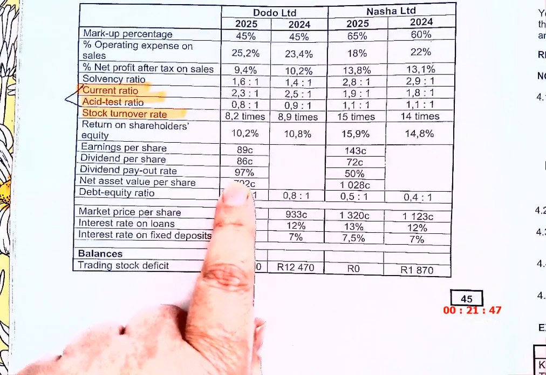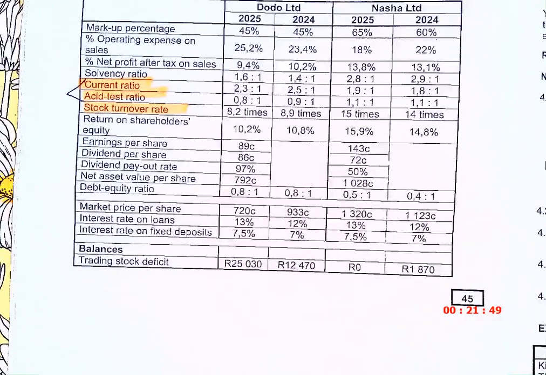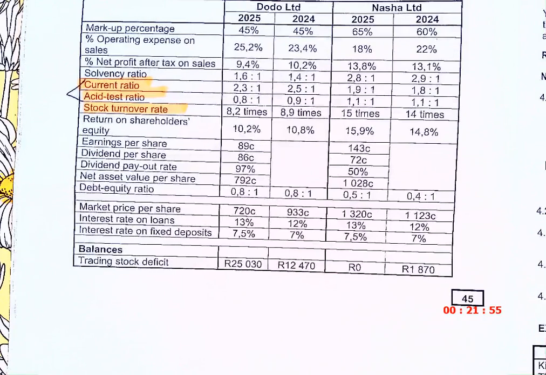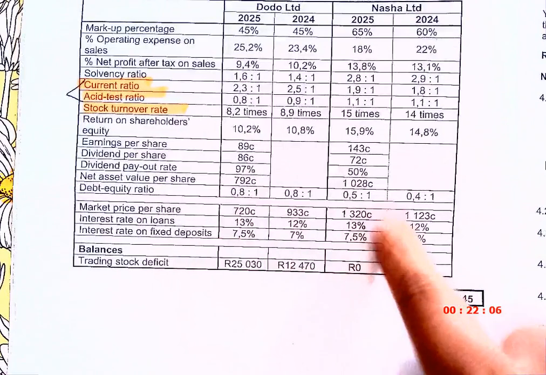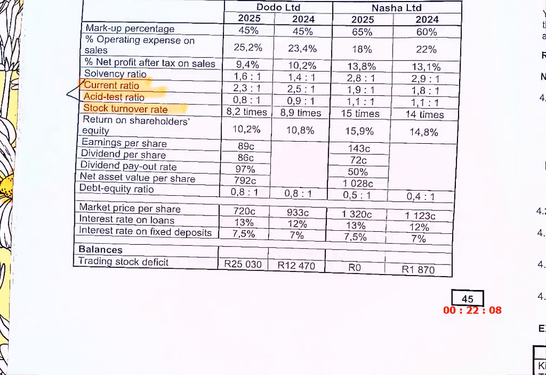So you're going to say Nasha is saving up. Right? How do I know it? Now, you're not going to talk about the dividends that they pay out. You're going to talk about the retained income. So you're going to say, Dodo only retains 3%, whereas Nasha retains 50%.